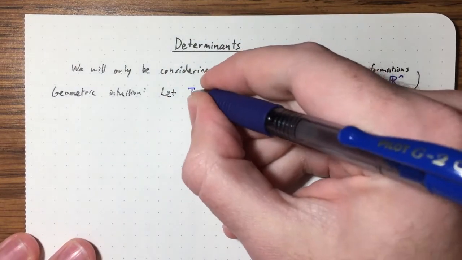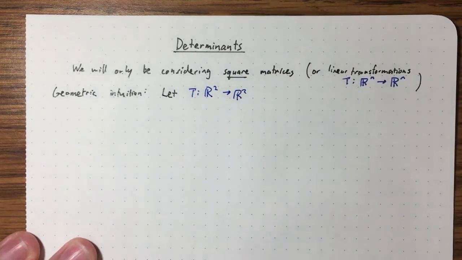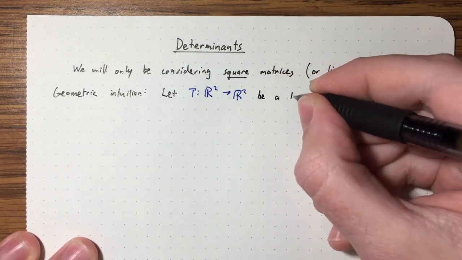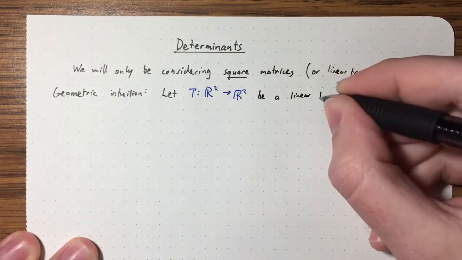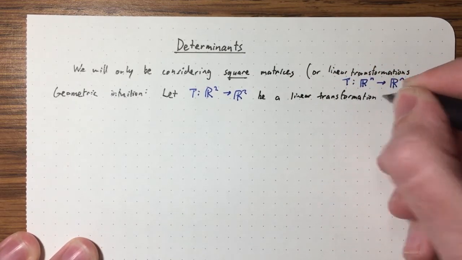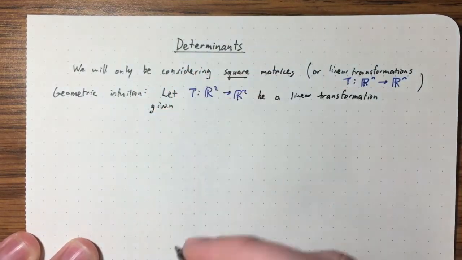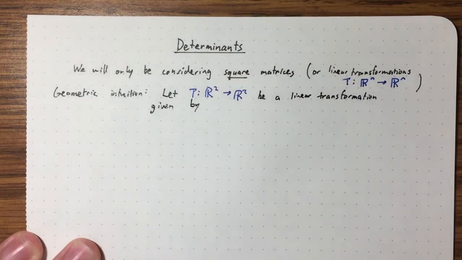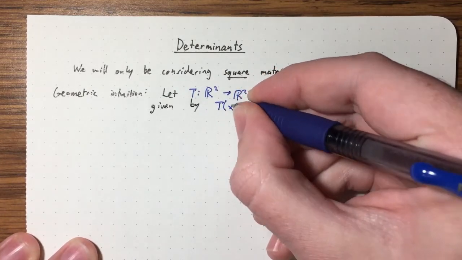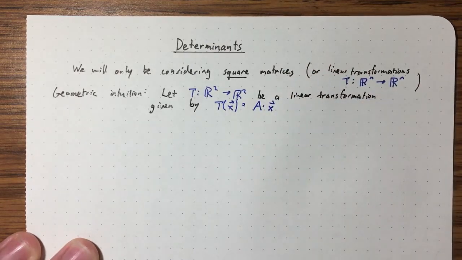So we're going to have a transformation from R2 to R2. And this will be a linear transformation, of course. And that transformation will be given by multiplication by a matrix as usual. So T of x is A times x.